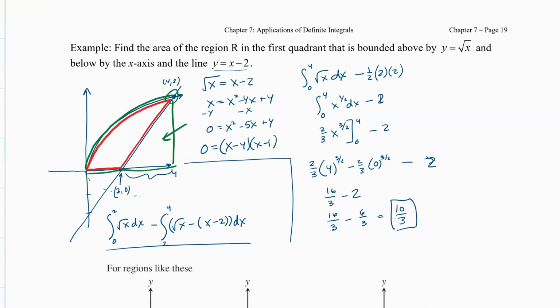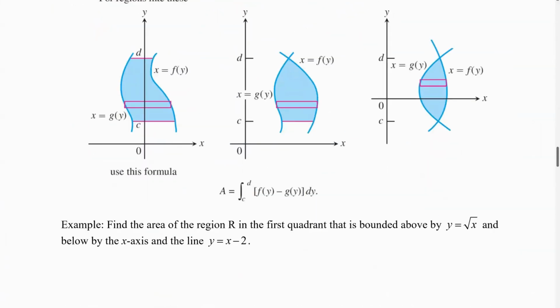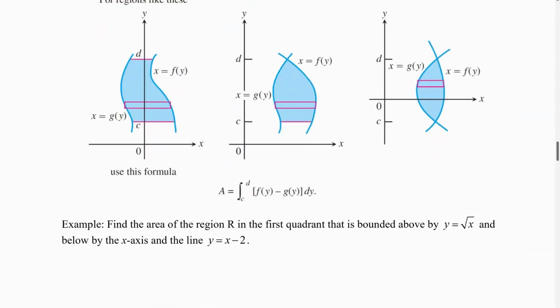Every single problem that I've been doing is in what I'll call the dx orientation, making skinny rectangles that are dx wide. But it ends up that we can also make the skinny rectangles dy tall and make them squat, depending on the shape of the region that we're working with.